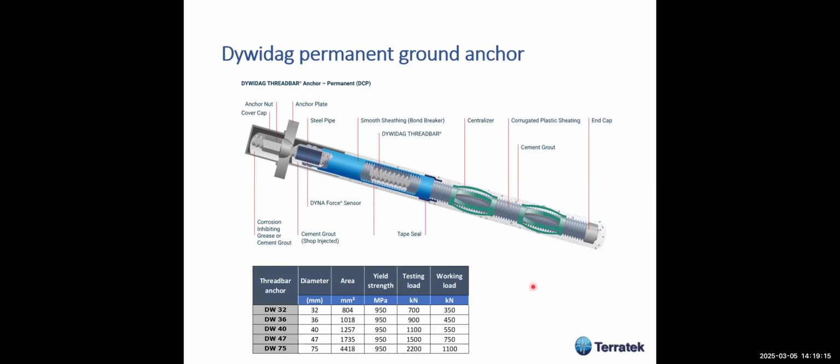It's a very good solution, a threaded bar, fully protected, with diameters from, say, 32 millimeters to 75 millimeters, and working loads from 350 kilonewtons up to 1100 kilonewtons. And here you have the centralizer, how it is protected, the anchor head with the bolt, the plate to transmit the load, and the end cap here.